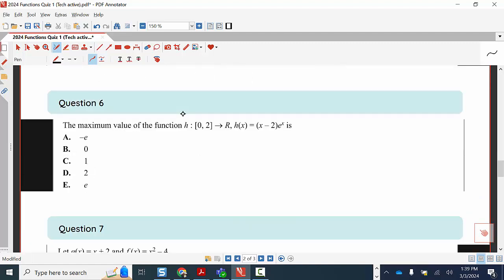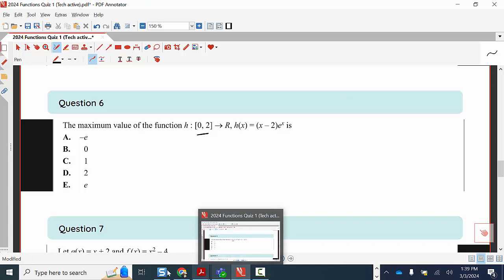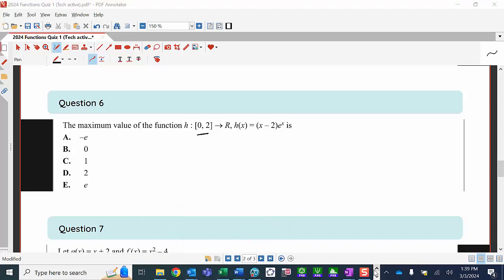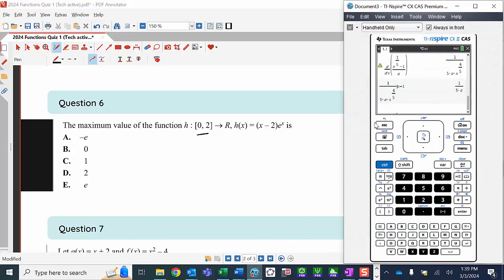Alright. The maximum value of this over the domain 0 to 2 is, okay, so I think there's a couple of ways of doing this. Let's just try a couple.